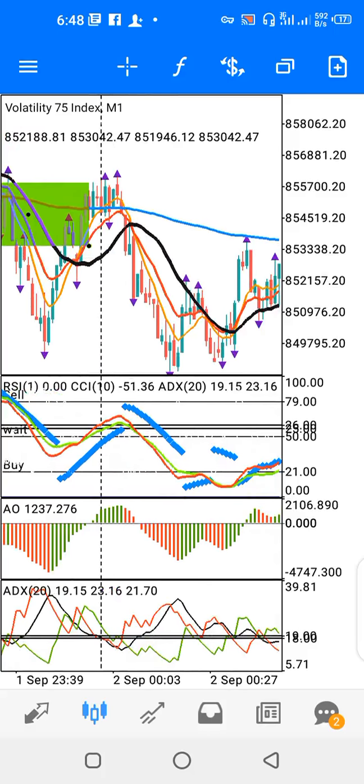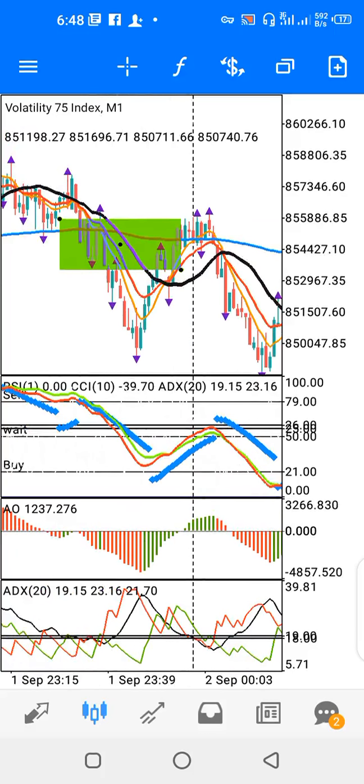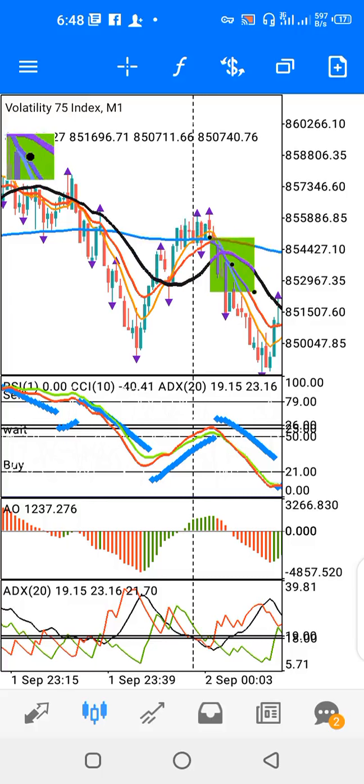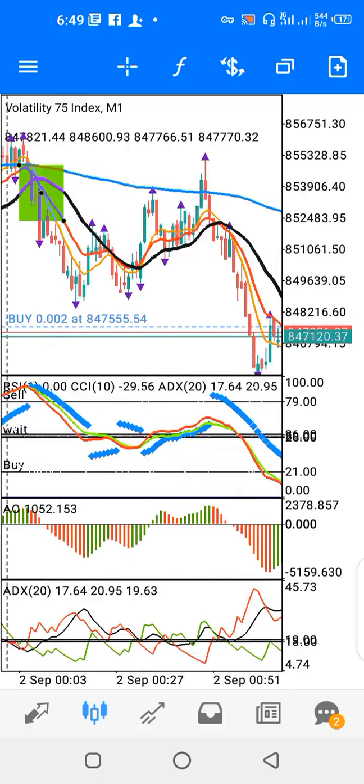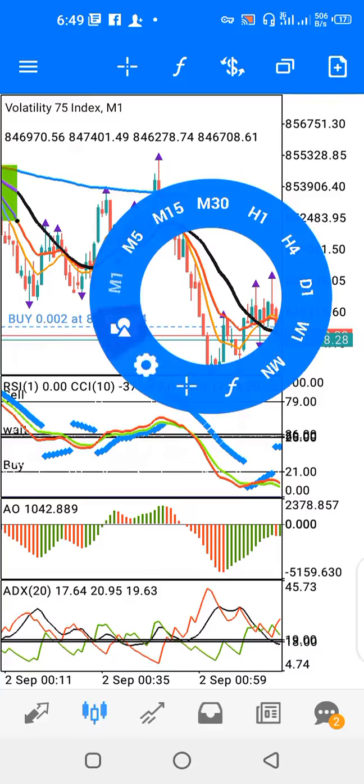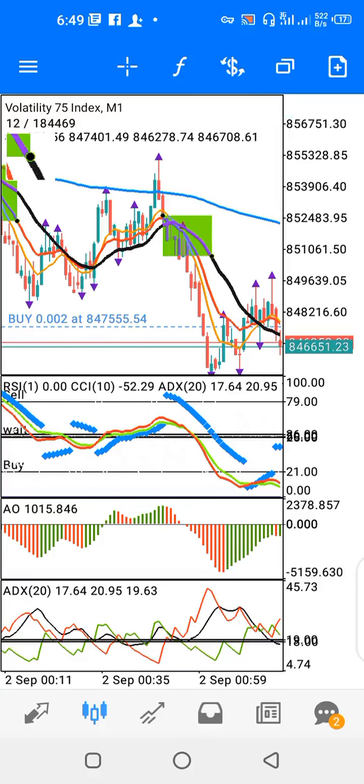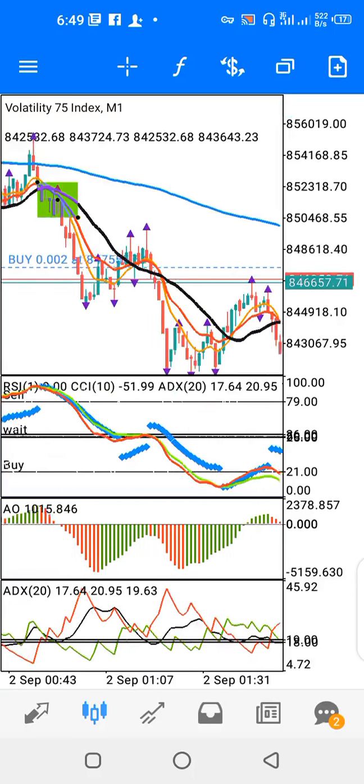Or you have the red and the orange moving averages crossing below the black, while all moving averages are below the blue. Okay, just like you have here. That's your sell signal. This is another sell signal.